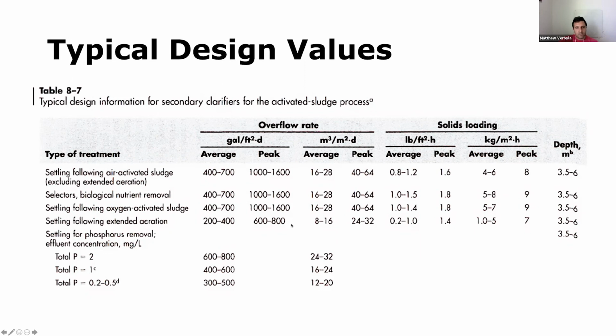Extended aeration systems use different overflow rates as well, and you can see the ranges here, right? If we're also trying to achieve phosphorus removal, which might be a goal for some wastewater treatment plants, then we might modify the overflow rates in order to optimize for phosphorus removal as well.